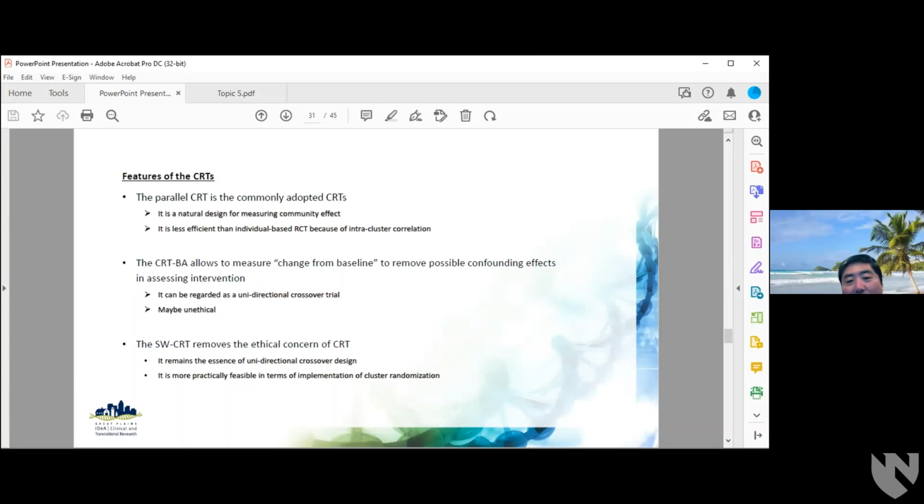A crossover trial means you have 2 treatments. Somebody starts with treatment A, then switches to treatment B. Then somebody starts with treatment B and switches to treatment A, trying to reduce the bias from the ordering of the treatment because of the residual effect of the intervention.